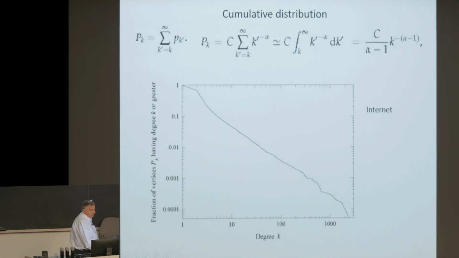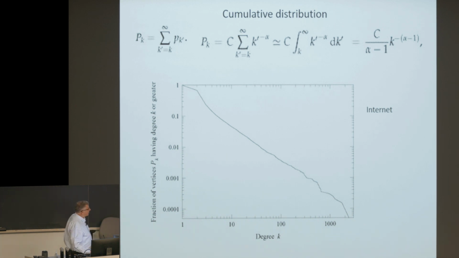And also, instead of the histogram itself, you can study a cumulative distribution, which is basically the sum or an integral of the nodes from infinity to a given value. So basically it tells you how many nodes have a degree larger than a certain degree, the fraction of nodes with big degrees.